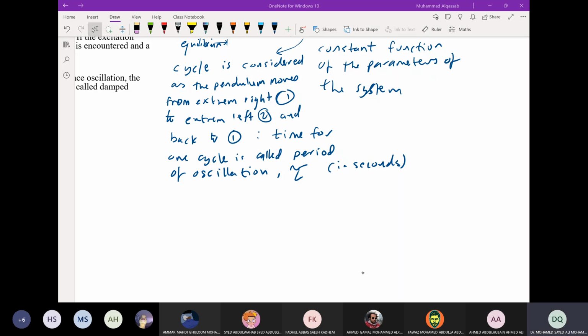One thing I also assumed is that the natural frequency is constant and depends on the parameters of the system.